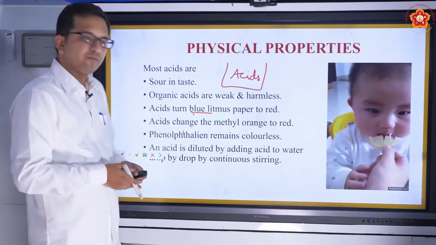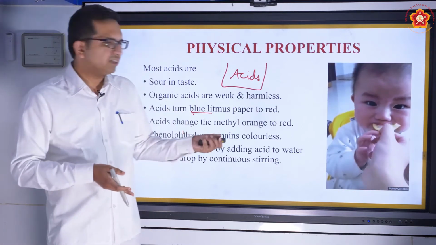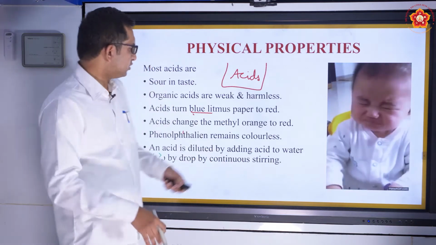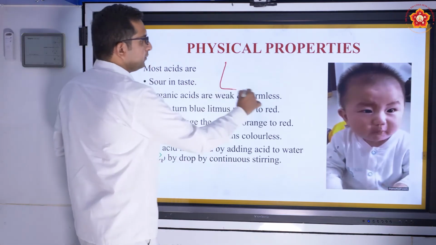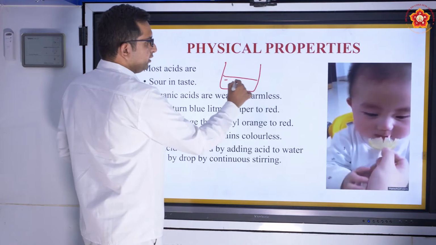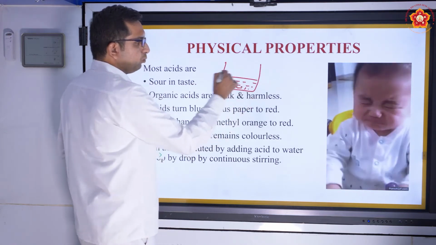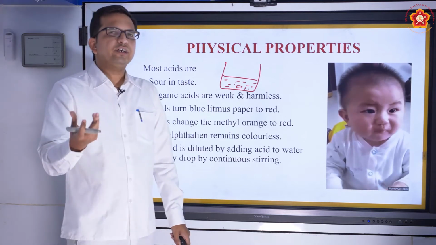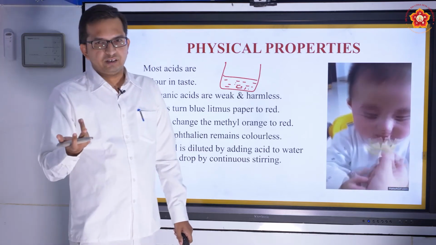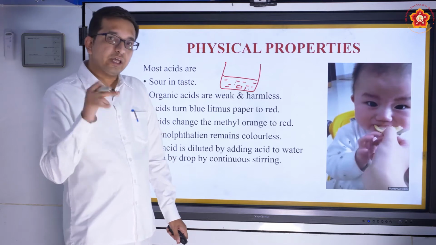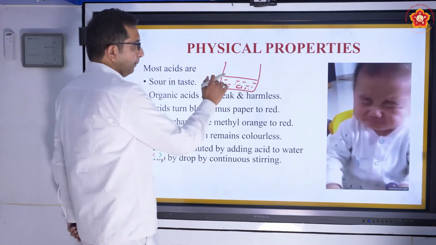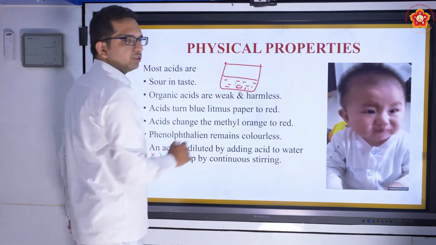And these acids, definitely you can dilute them. Suppose you take a beaker with so much water and there are sugar molecules present. It might taste sweet, but then you add more water, and the level is increased to this.